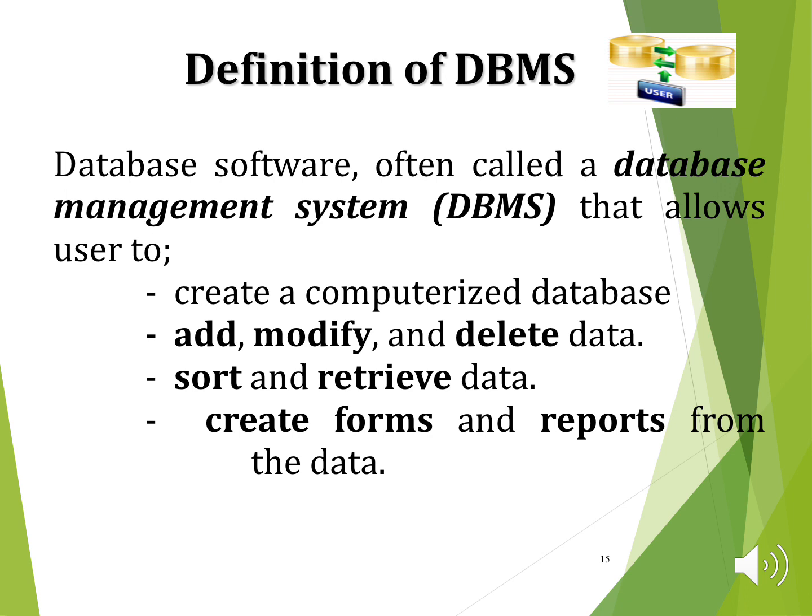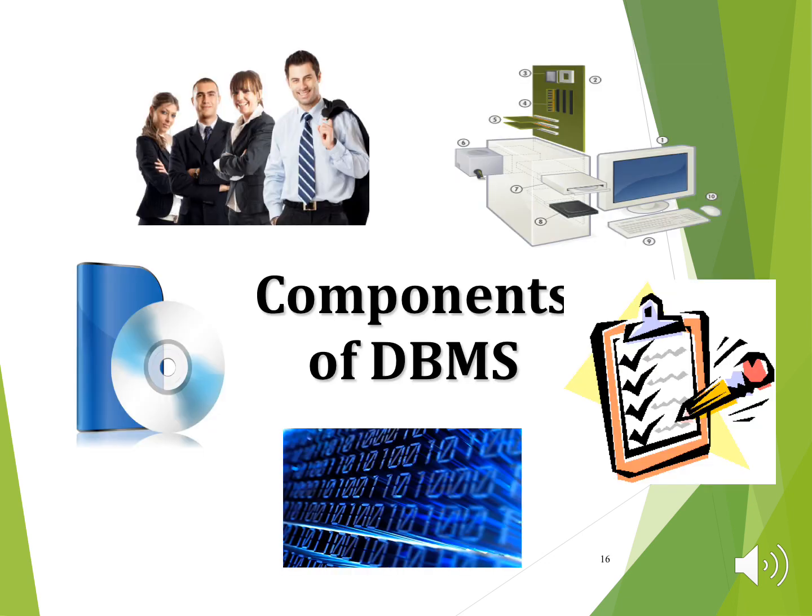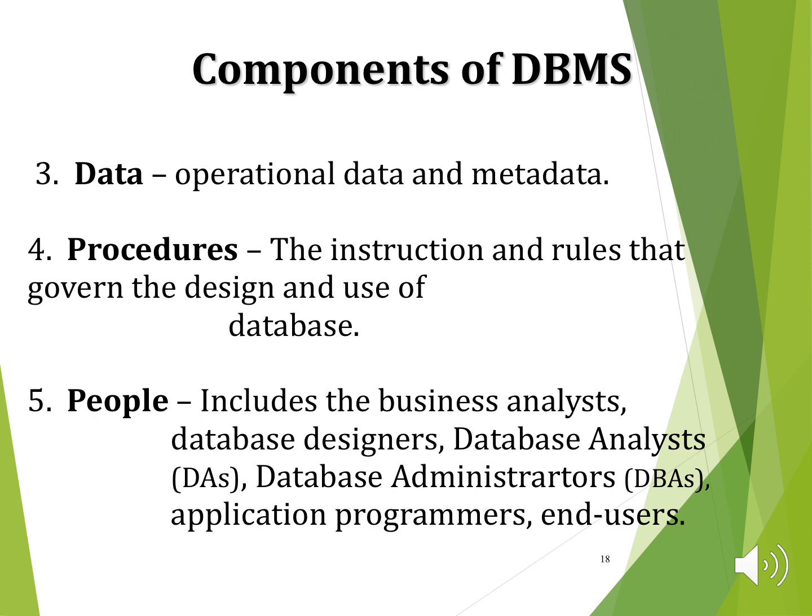What are the components of a database management system? The components of a database system are, first, data, which is operational data and metadata. Then procedures, which are the instructions, the manual, the rules that we can use to design and use the database.